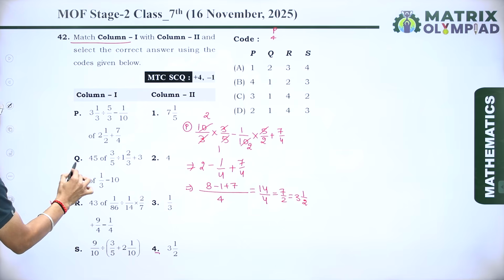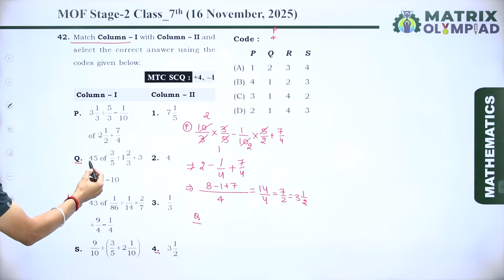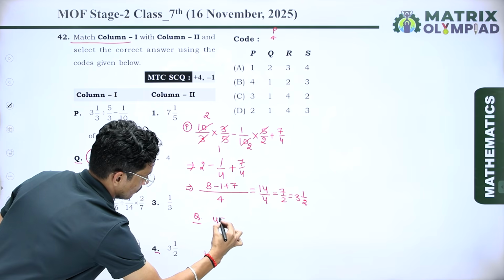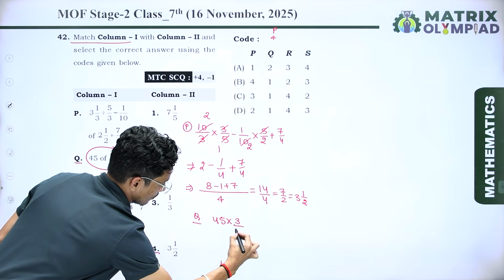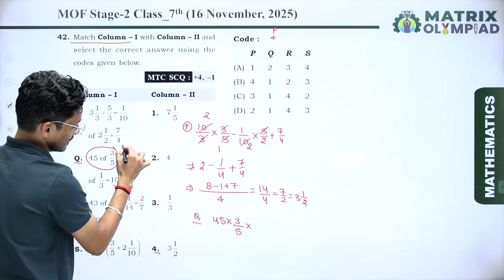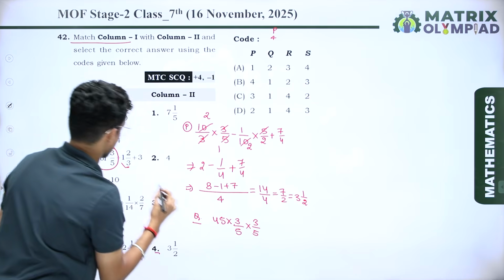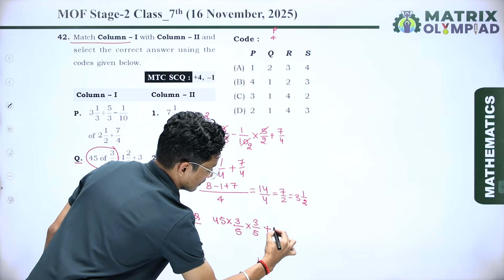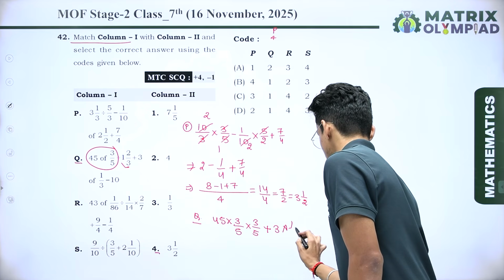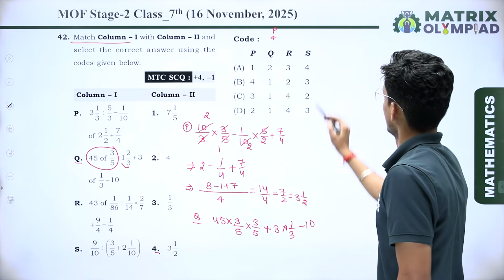So now if I talk about the Q, that is 45 of 3 by 5. So here I can write 45 of 3 by 5. So when we convert divide sign in the form of multiply and we simplify this one, I can write again 3 by 5 plus 3 of, it means multiply, 1 by 3 and minus 10.